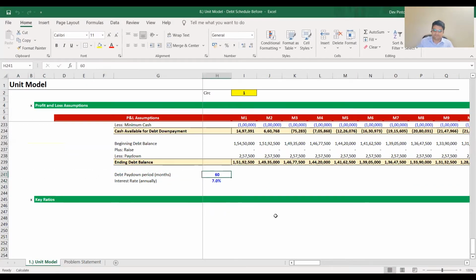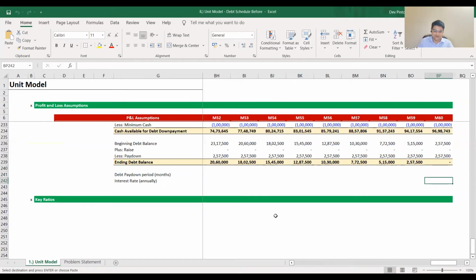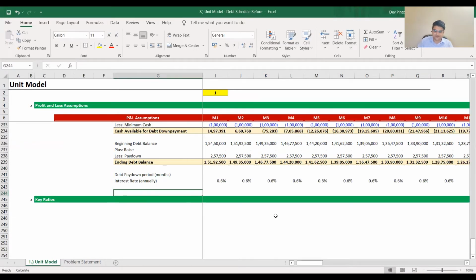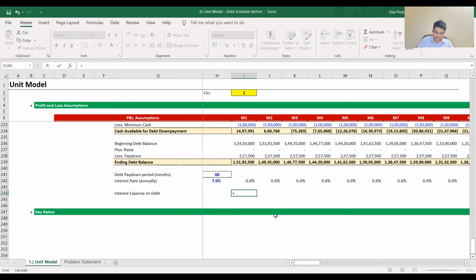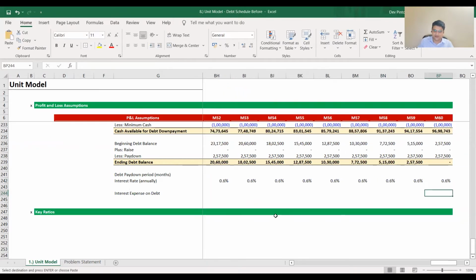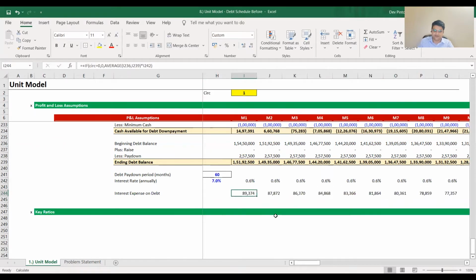So the monthly rate will then just be this divided by 12. Keep it here. Interest expense on debt will be, again, there'll be a circular reference here. So it is equal to 0, else this, comma, this into this, right? Given month, this, okay, have this.